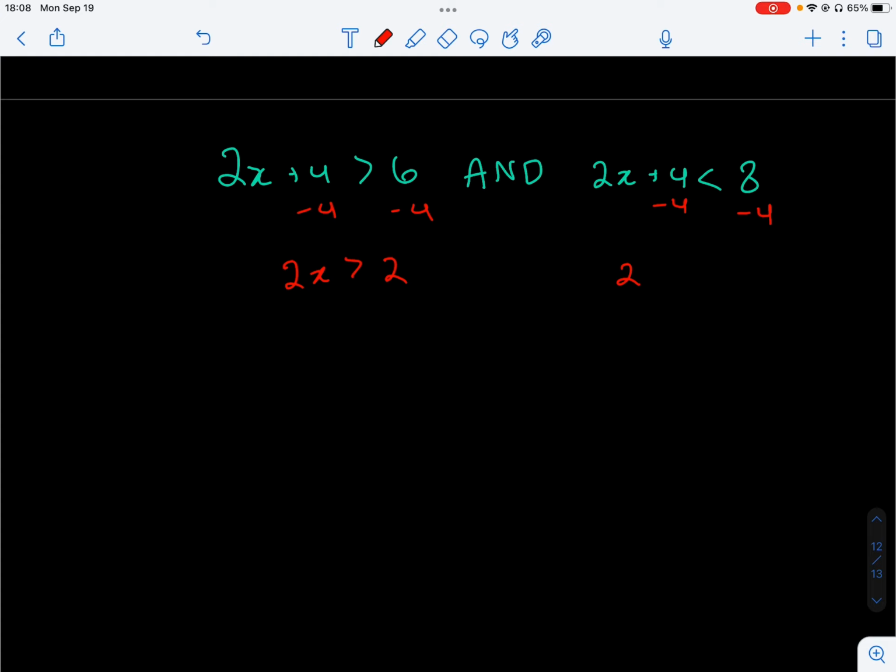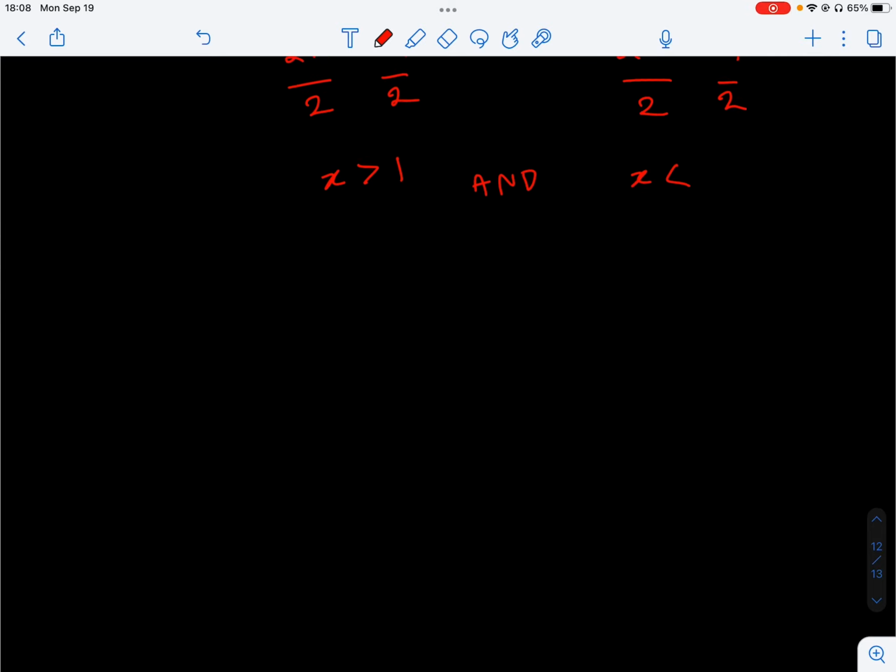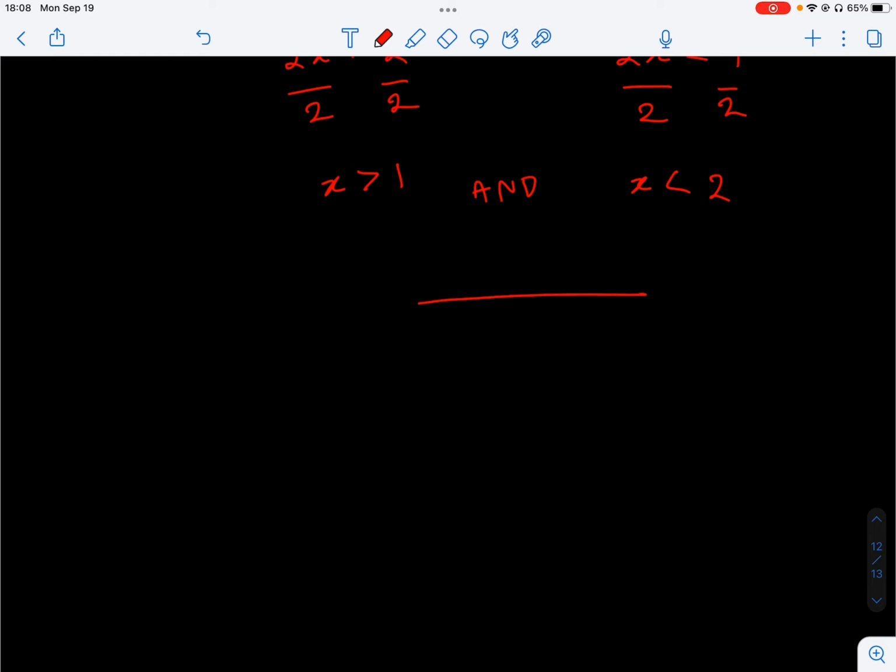And in the other inequality, 2x is less than 4. I then divide by 2, and I wind up with x is greater than 1, and x is less than 2, which on a graph we could do nice and good, 1, 2, the stuff between.